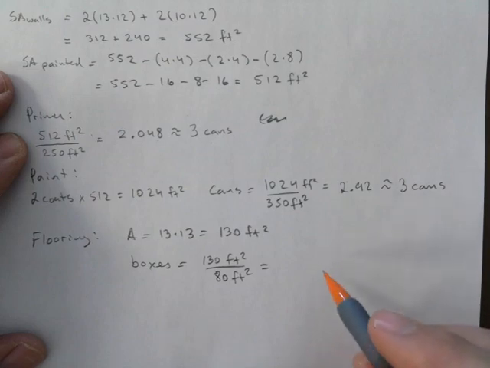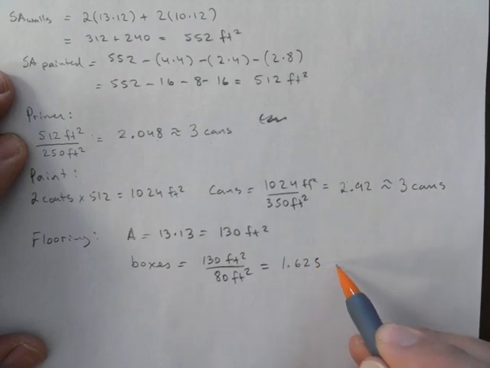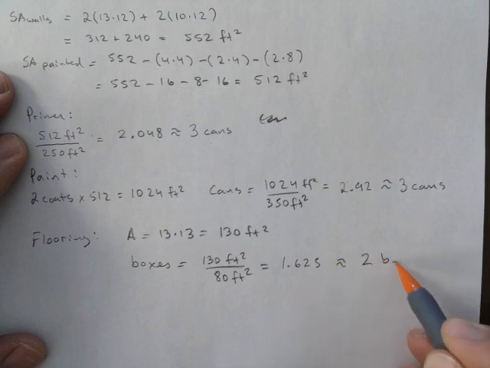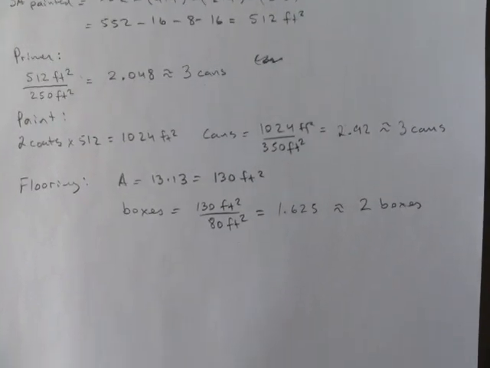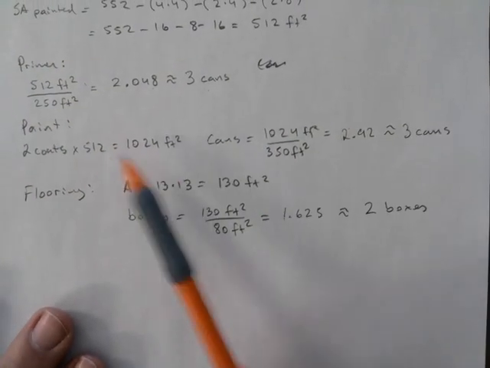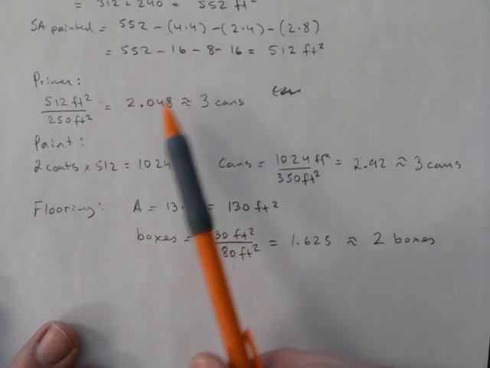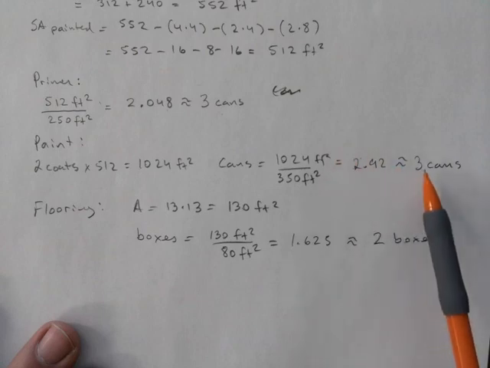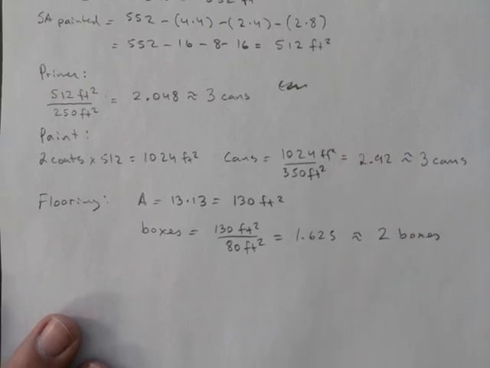And that is 1.625, which is approximately 2 boxes that you need. So I just figured out, I did some converting as needed. I figured out area as needed. And then I'm like, I need 3 of these. Almost make an itemized list. And now you go into the store.